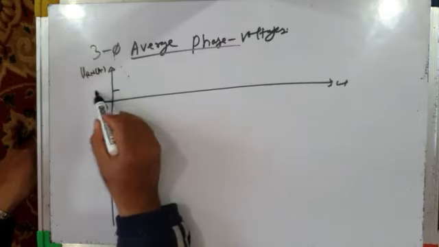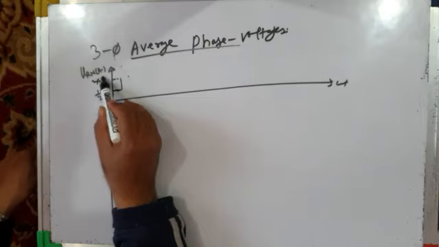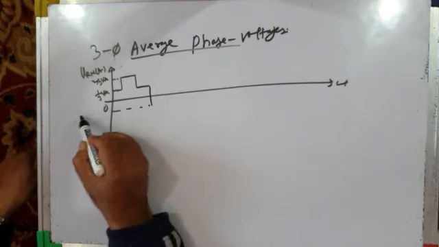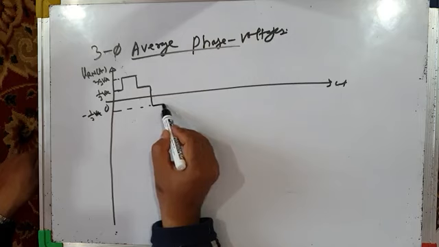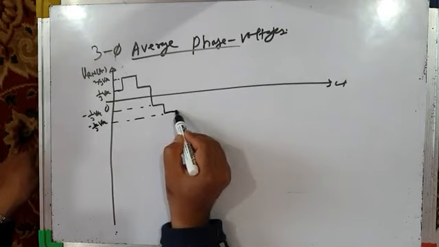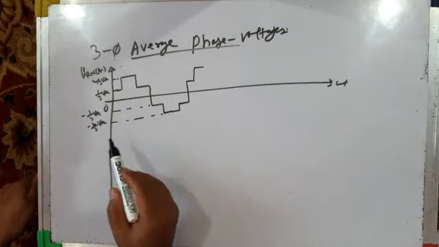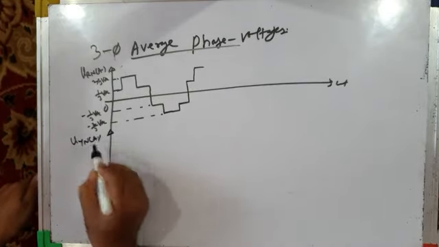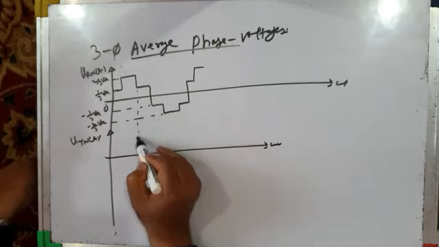It will be like this. 1/3 VDC, 6-step operation. This is 2/3 VDC. Then again 1/3 VDC, then minus 1/3 VDC. Then minus 2/3 VDC. Okay, right? So this is phase voltage VRN average. What about VYN average? It will also be 6-step in nature. It will start from here.